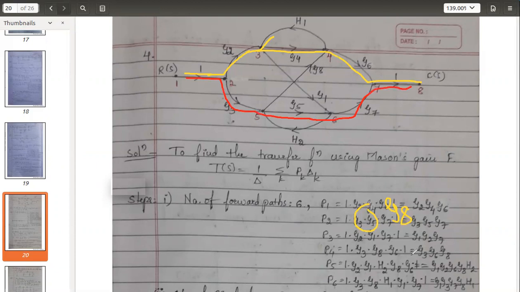Coming to the third forward path, G2, G1, G7. Sorry. G1, just a second, G2, G1.